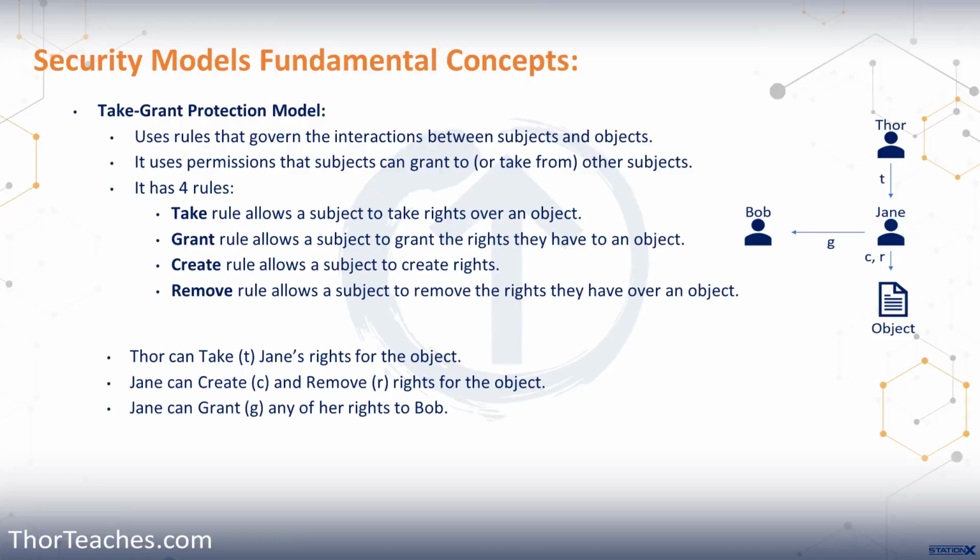Jane can grant her own rights to Bob, then she can create new rights, and she can remove her own rights over that object. In the real world, this is vastly more complex. For the exam, just walk through it a few times, go through the flow, and that should be enough.